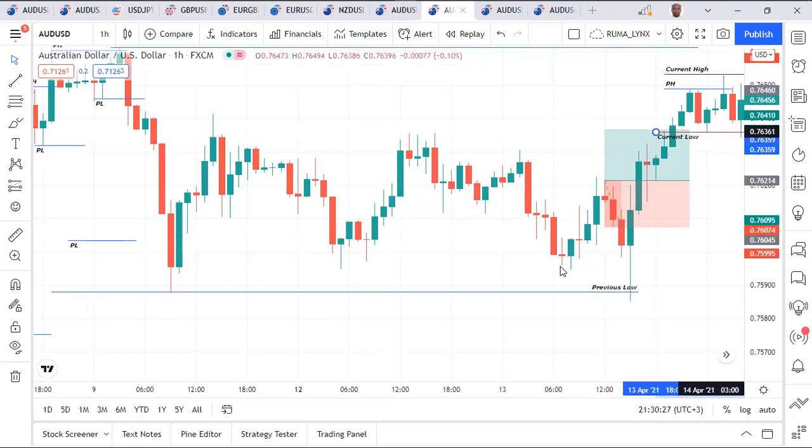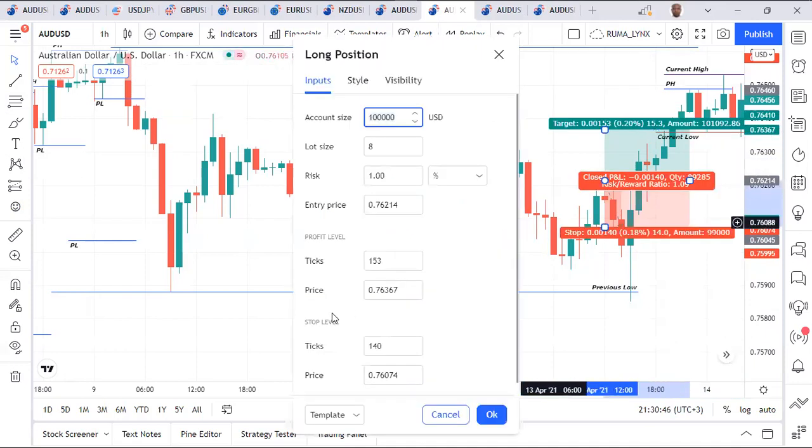So to secure our trade, we put it 2 pips below this point, which in this case would be 0.76358. If you remove 2 pips, it's 0.76338.